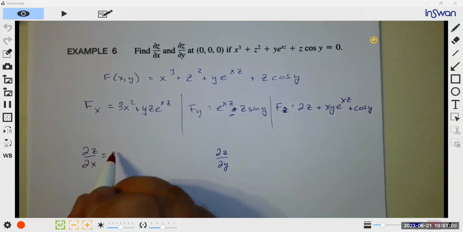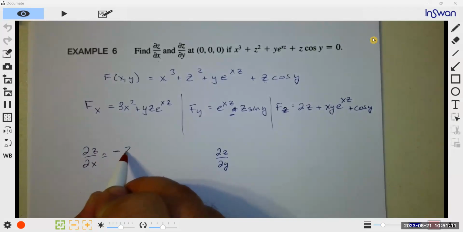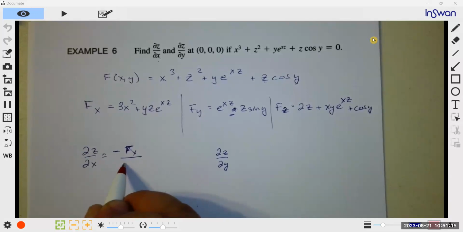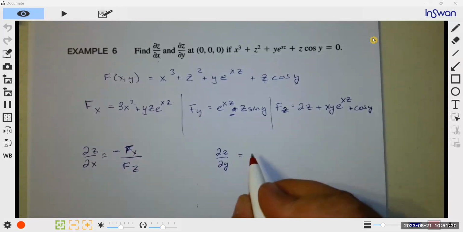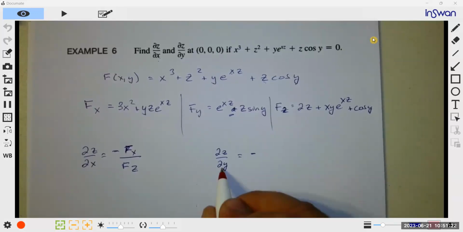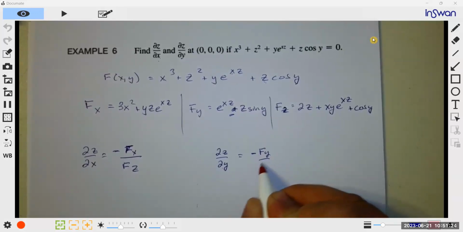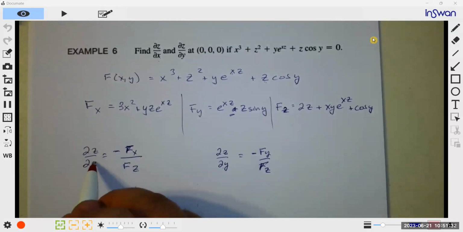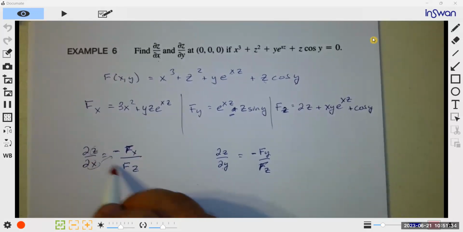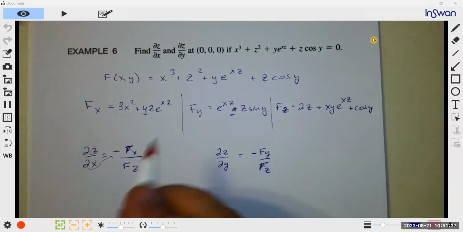Here are the partials. So we're looking at negative f of x over f of z. This is going to give us f of y over f of z. Partial, I should say. So whatever's on the bottom goes on the bottom, whatever's on top is what you're taking the derivative of.